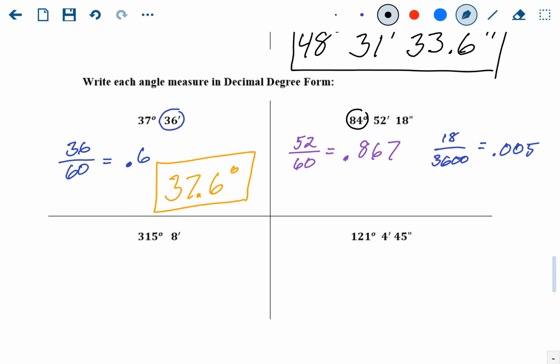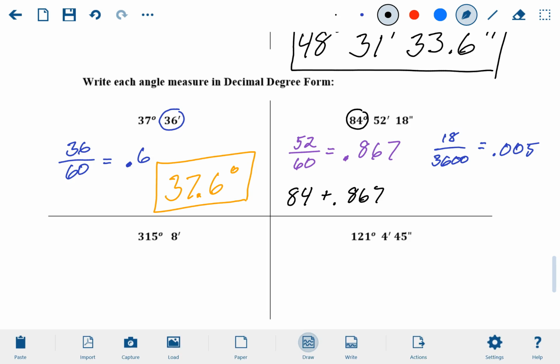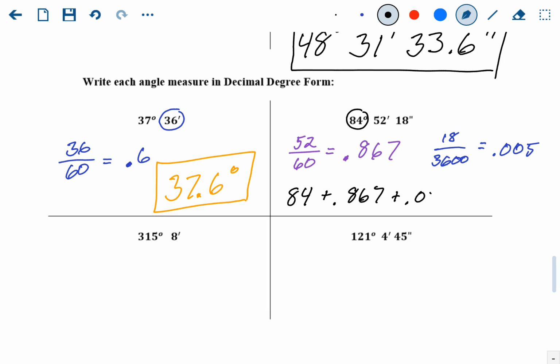Starting with the degrees, 84 degrees, plus 0.867, plus 0.005. And you get a full degree of 84.872 degrees.